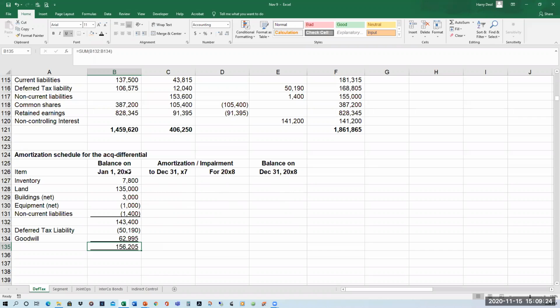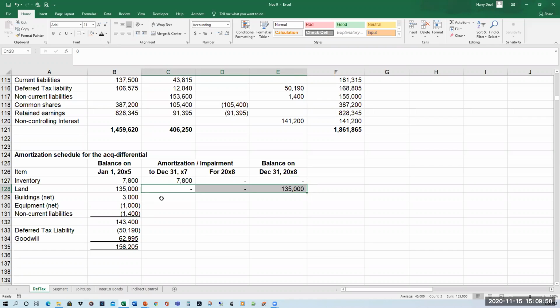From Jan 1st, 2005 to December 31st, 2007 is 3 years, 2005, 6, and 7. Inventory being a current asset, the fair value difference for the inventory will have amortized within a year from the date of acquisition. Land is not depreciated, so unless the land was sold to an outside party, the fair value difference on the land will remain unamortized.